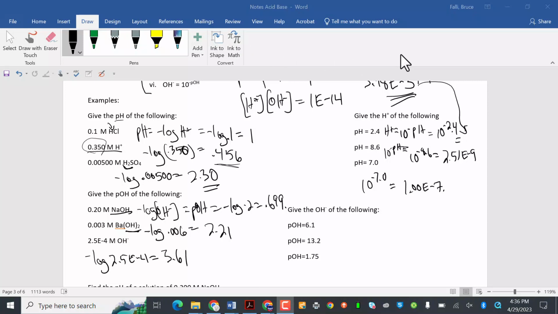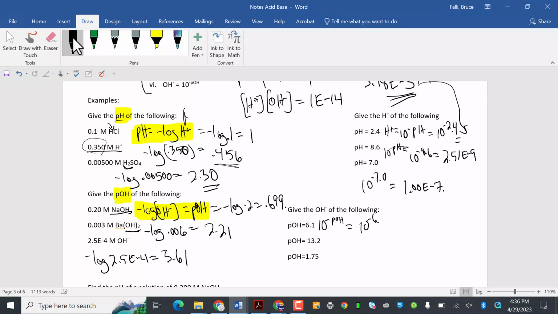Notice how we've got pH is negative log of H positive, and pOH is negative log of OH negative. Okay, so this is going to be the same thing. OH negative is going to be 10 to the negative pOH.